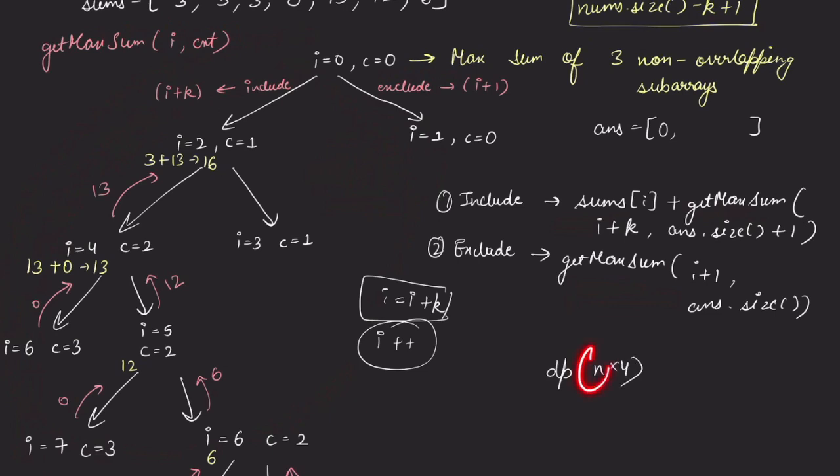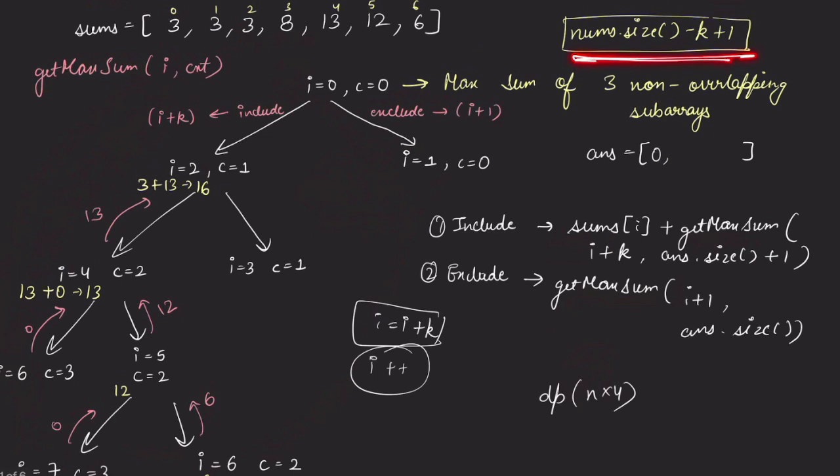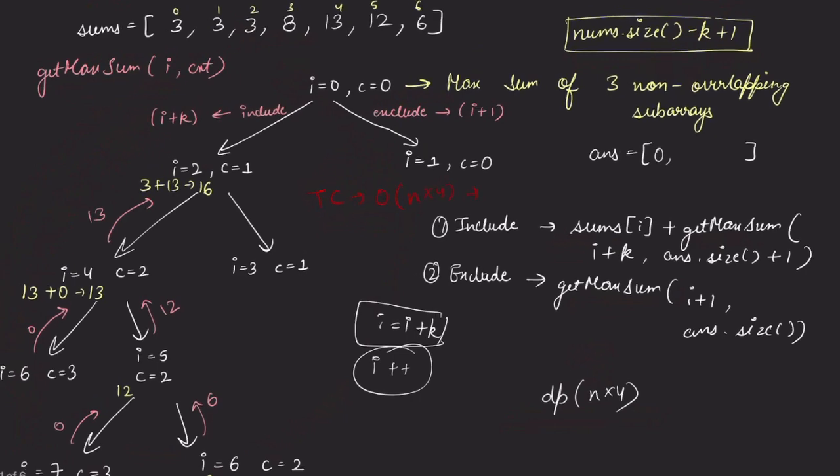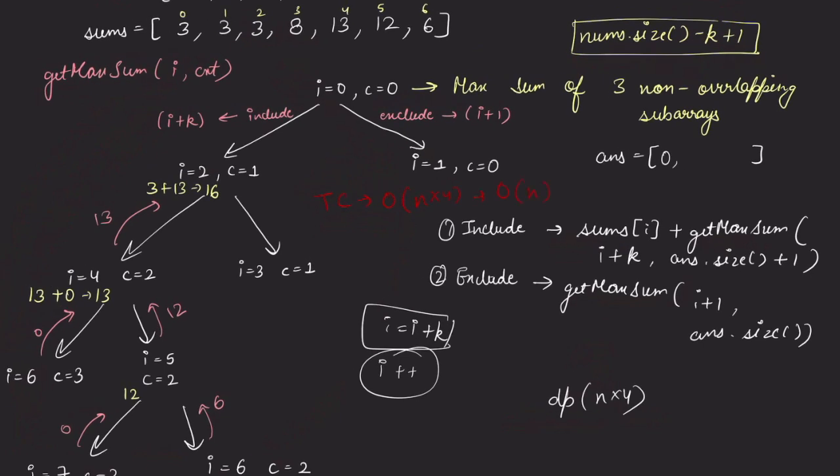What was n? n was equal to the total number of subarrays that we have. Let's suppose k is 1 in the worst case, then it will be equal to n. So for this get max function recursion, the time complexity will be order of n into 4, which is near about order of n.